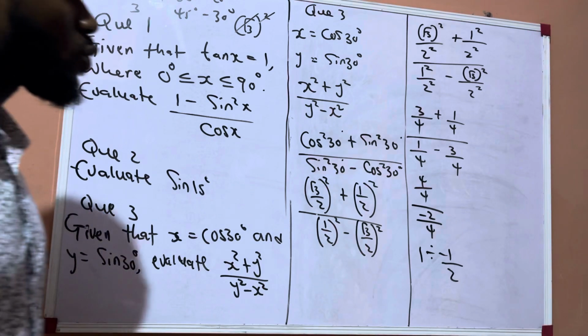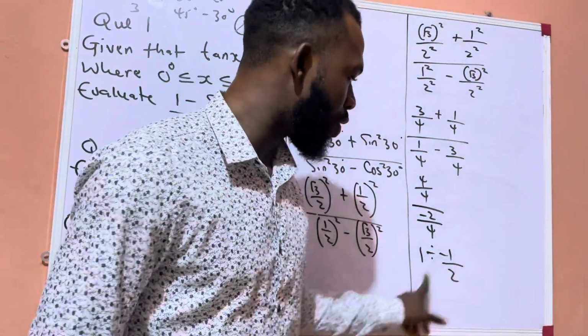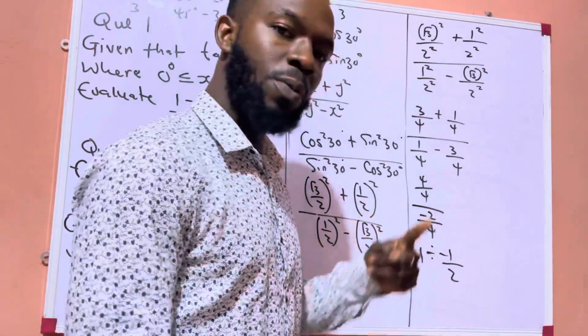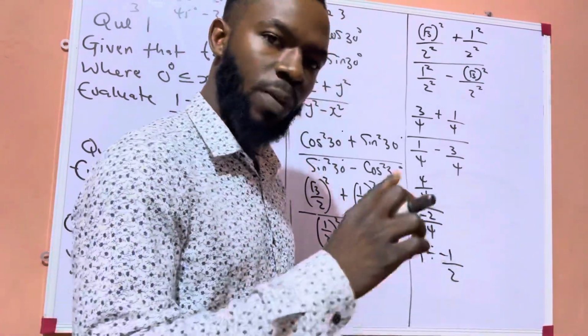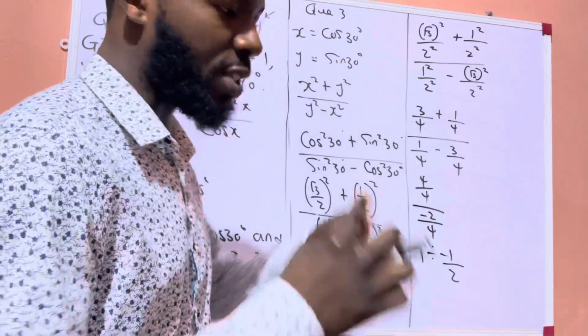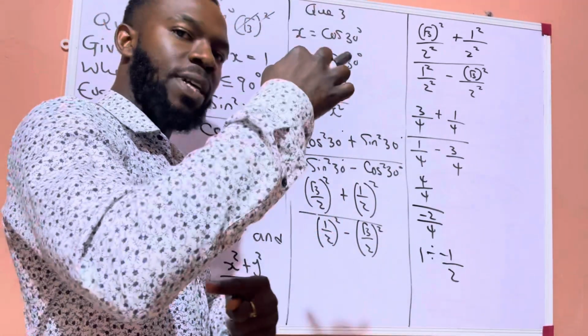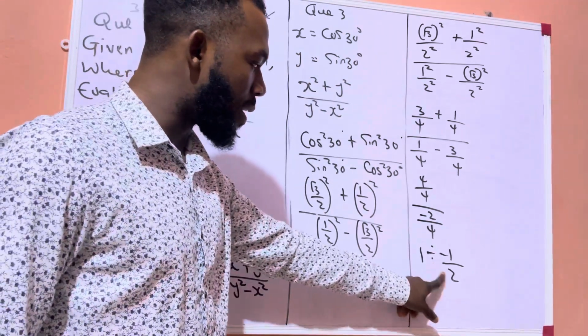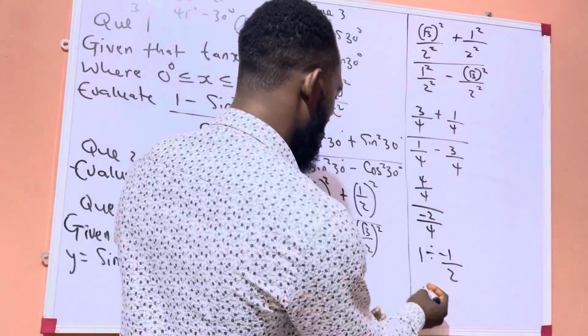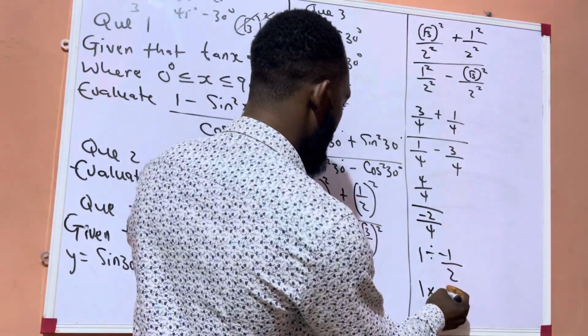Now, we have division separating these two fractions. When division separates two fractions, division becomes multiplication, and the fraction immediately after the division sign reciprocates. It goes upside down. So if division here becomes times, it means 2 goes up and 1 comes down. So here automatically becomes 1 times minus 2.